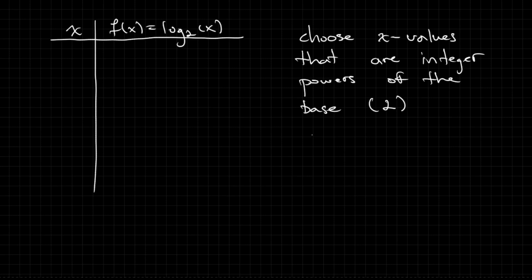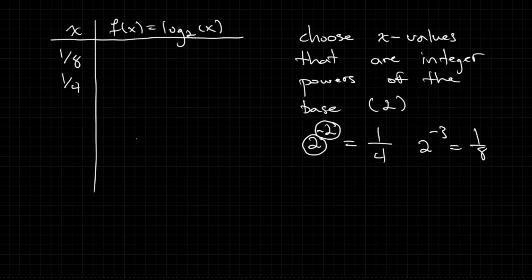So I'm going to pick x values such as 2 to the minus 2 because this x value, which is 1/4, is the base to some integer power. Another x value you could choose is 2 to the minus 3, which is 1/8. I'll start with 1/8, and then we'll go to 1/4, and 2 to the minus 1, that's 1/2.